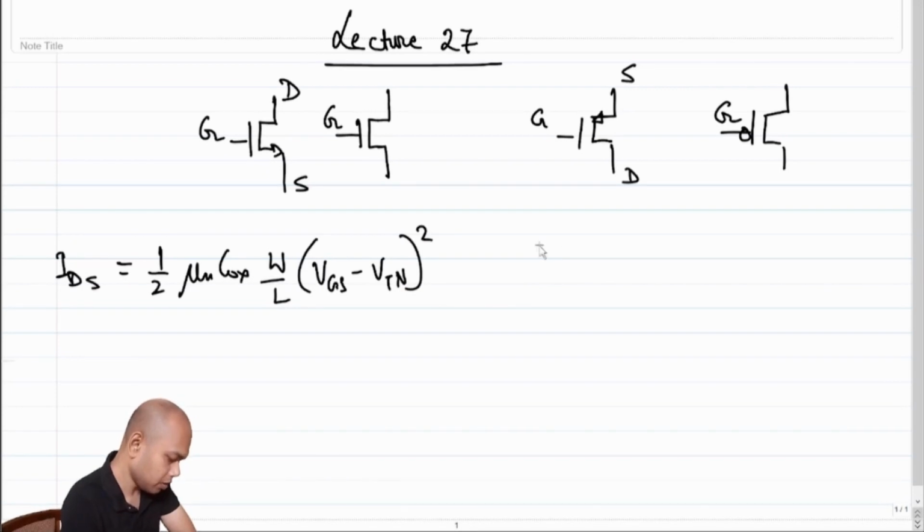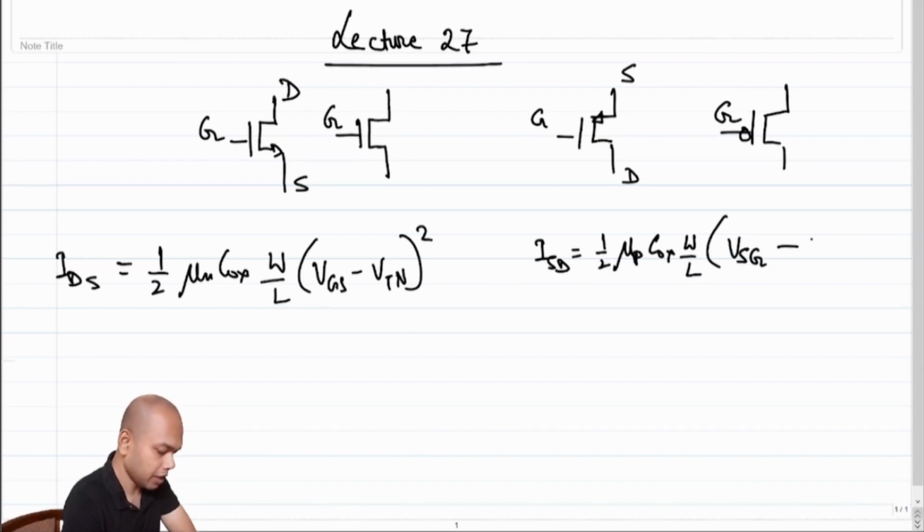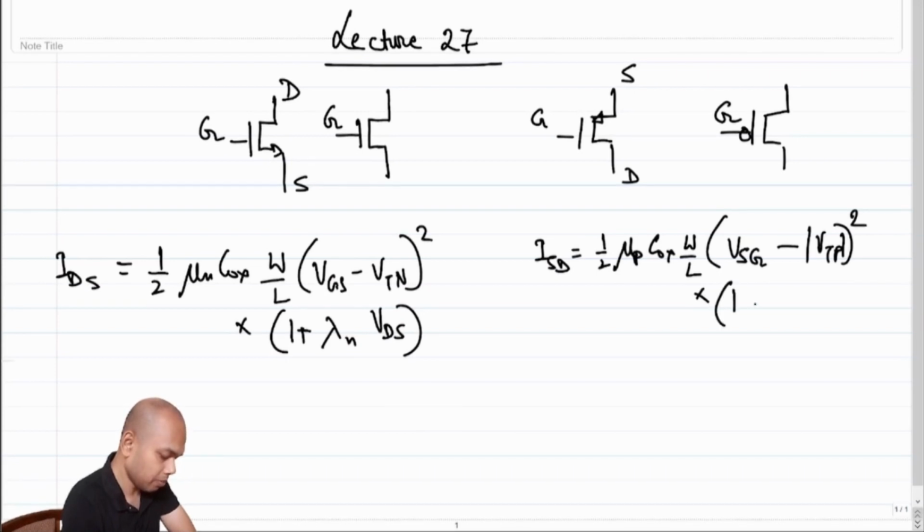In case of a PMOS, ISD is equal to half mu P Cox W over L, VSG minus mod of VTP whole squared. If I have to include channel length modulation, then this becomes 1 plus lambda n VDS, and for the PMOS this becomes 1 plus lambda P VSD, right?